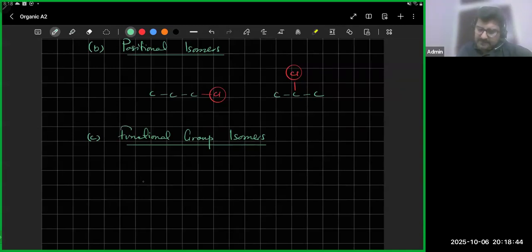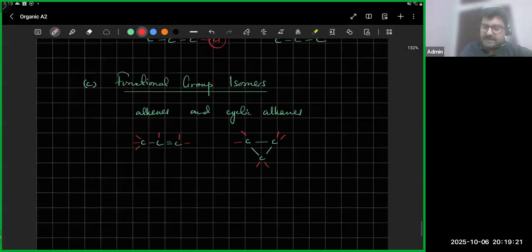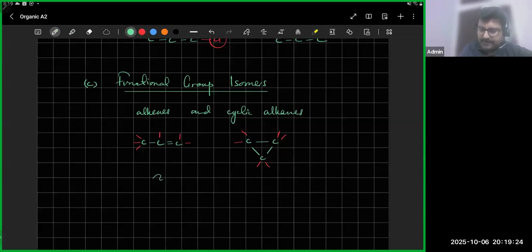If you have alkenes and cyclic alkanes, for example, if I have an alkene with 3 carbon atoms, and if I have an alkane which is cyclic with 3 carbon atoms, they have exactly the same number of atoms. 3 C's, 6 H's. So they're going to be functional group isomers. They're different functional groups, but they have exactly the same molecular formula.